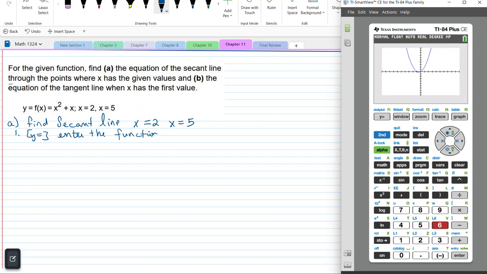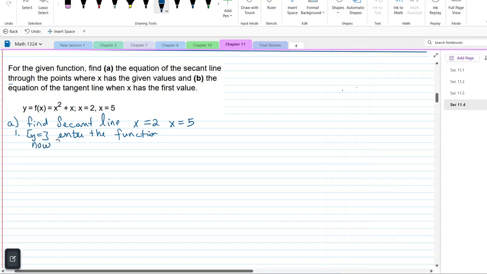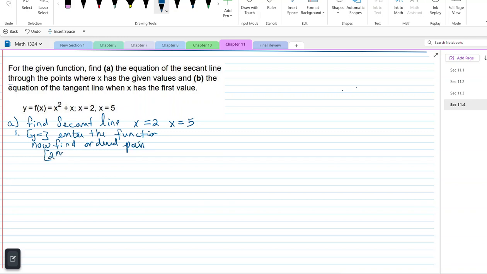And there's my parabola. And I want 2 and 5. So now I'm going to use the feature to find the ordered pairs. I'm going to go second trace key, because all the graph keys are underneath the window, which is calc.